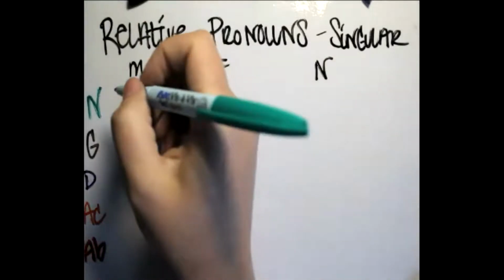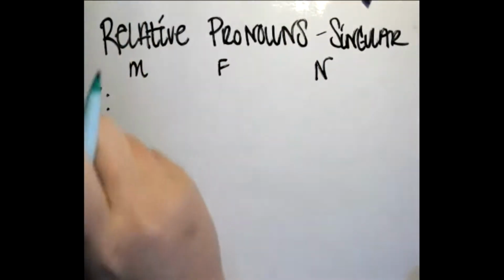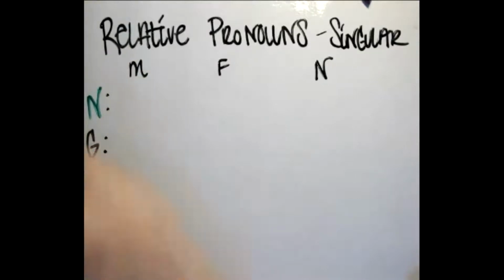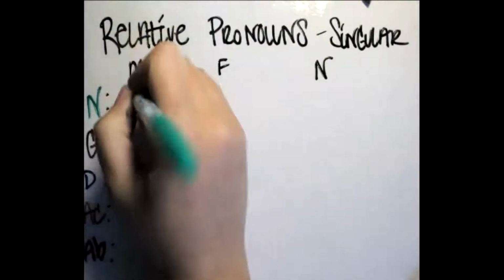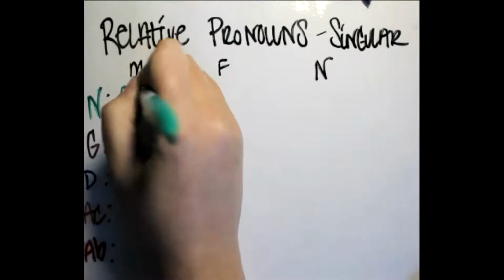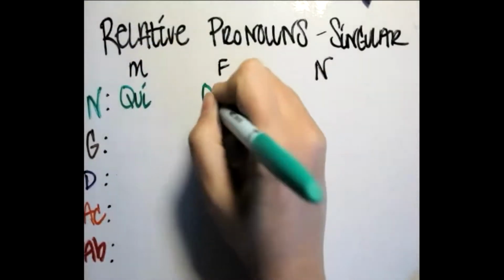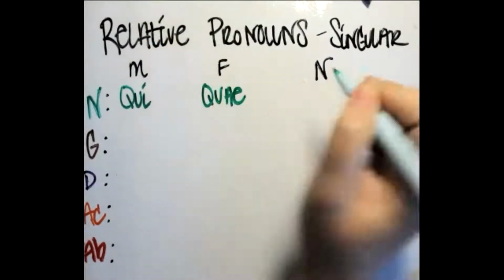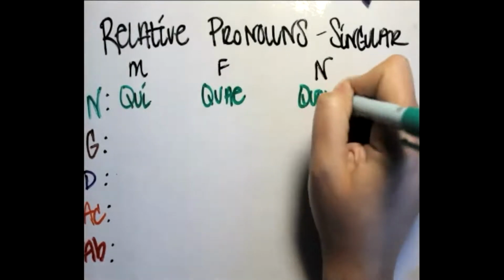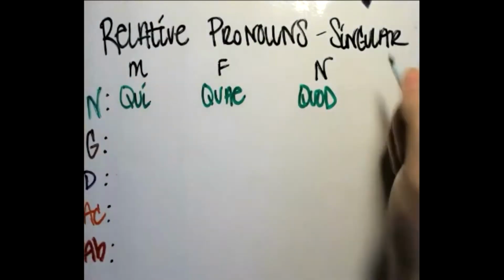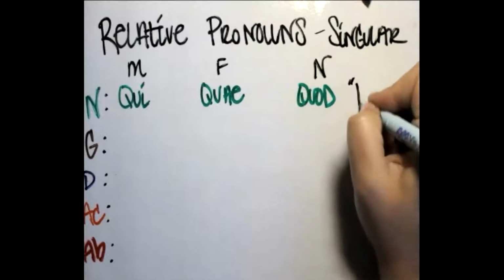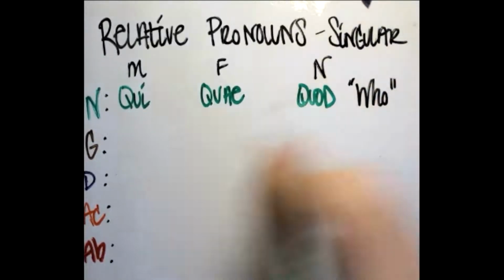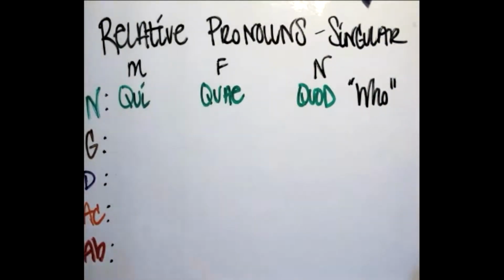So in the masculine, nominative, singular, I'll just go like this to make it easier to see between them. We have qui, quae, quod. So this is just who in the masculine, feminine, and neuter.